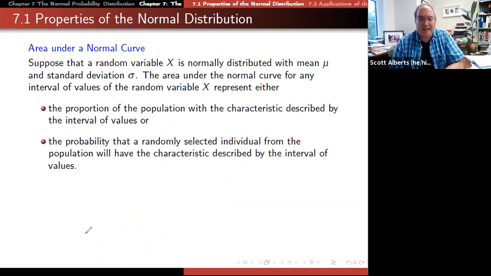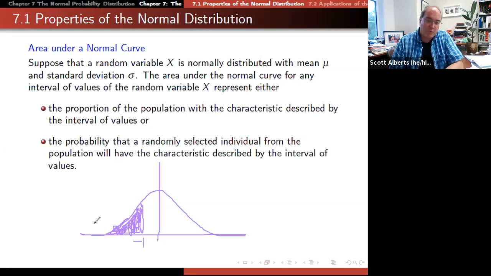And what we're going to be thinking about in terms of probability is that if we have a normal curve, the area under the curve is going to describe the probability. And again, those of you who had calculus will say, hey, that's an integral, and you'd be exactly right. And it's the integral of that crazy formula we had before. So if we want to say what's the probability that you're less than 1 standard deviation below the mean or more, we can just find the area under the curve and do that.